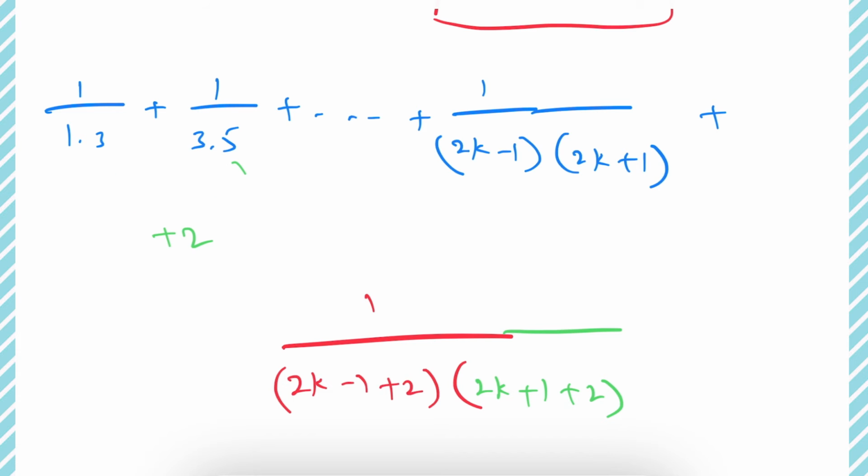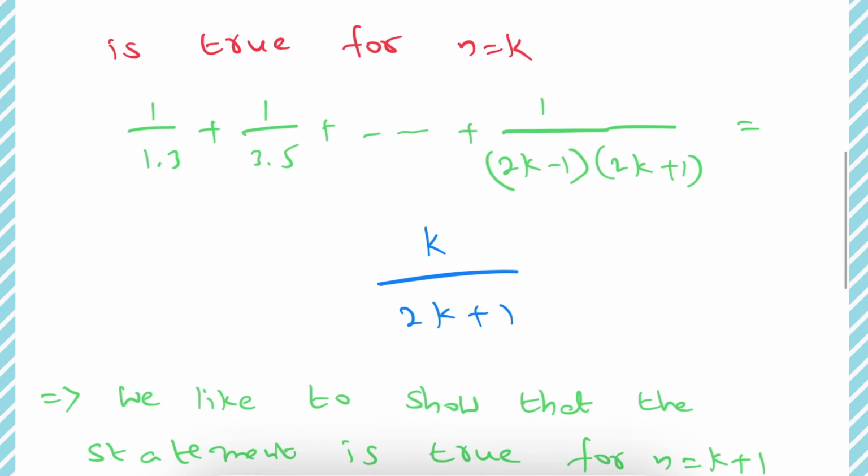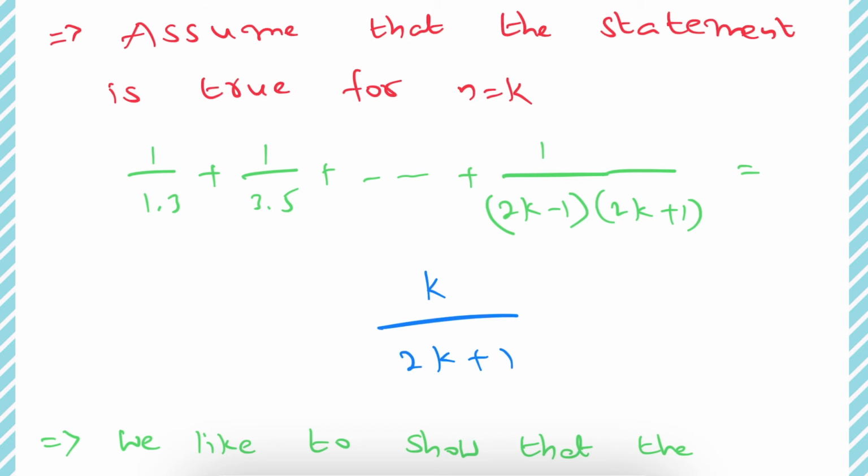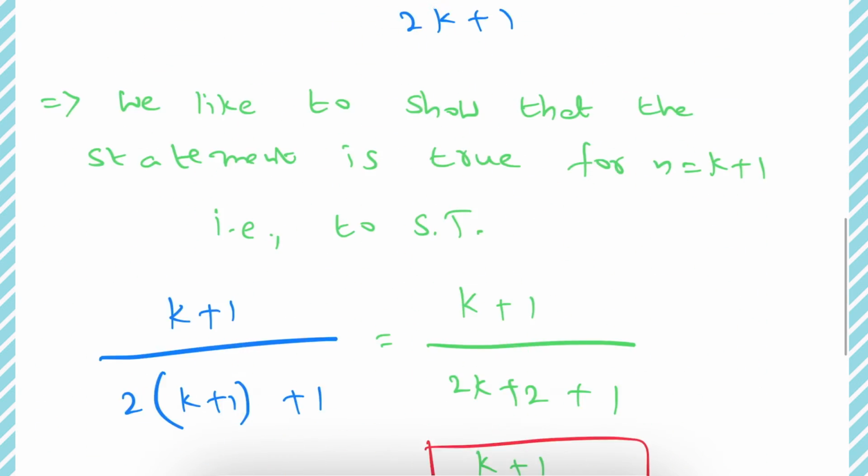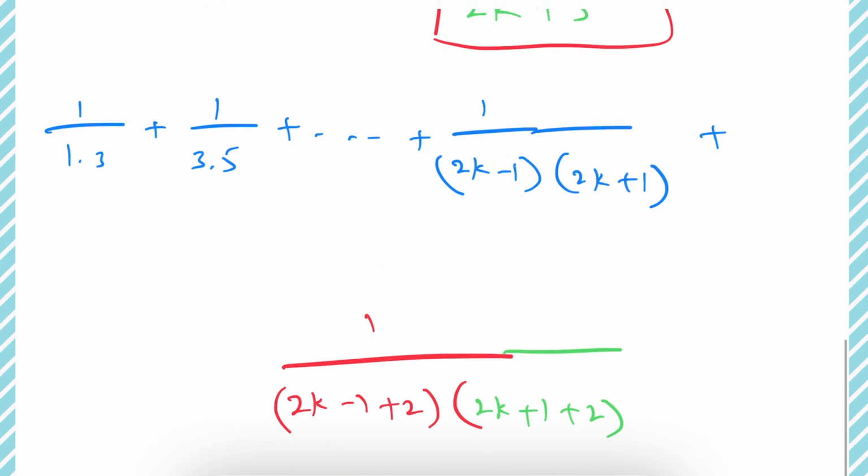Now if we move to the second step once: 1 by 1 into 3 plus 1 by 3 into 5 plus and so on plus 1 by 2k minus 1 into 2k plus 1 value is k divided by 2k plus 1. So in the place of this, I'll substitute k by 2k plus 1. So this is the total one which is there in step 2.